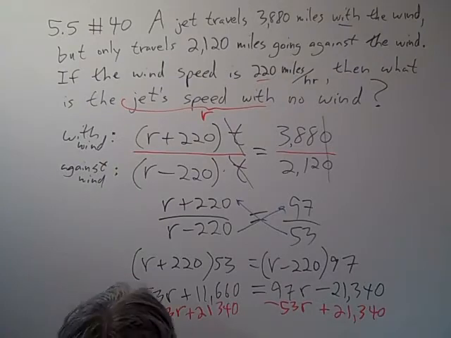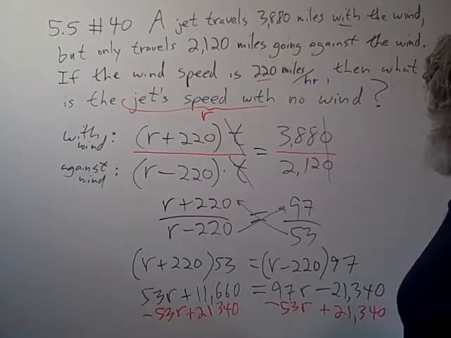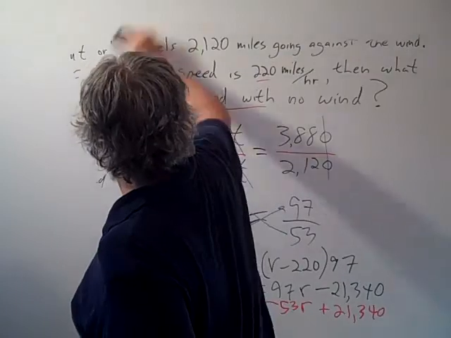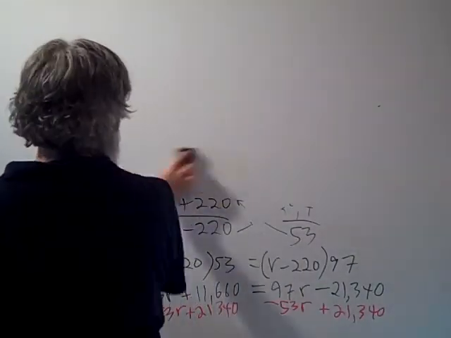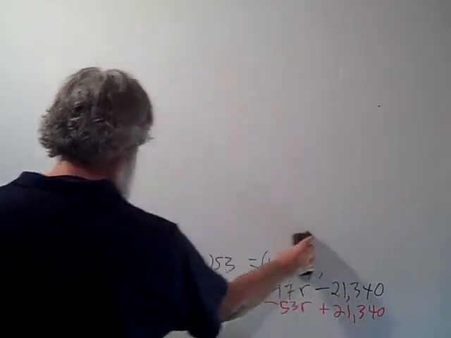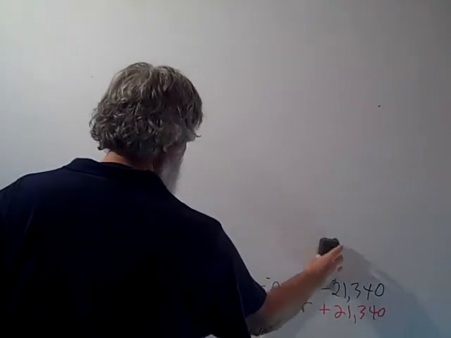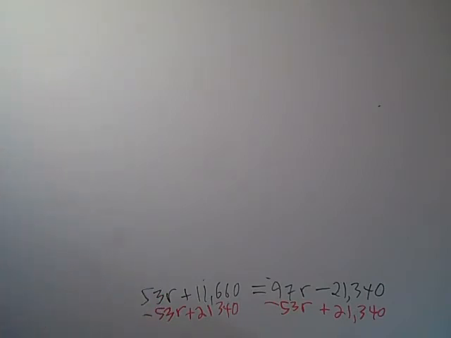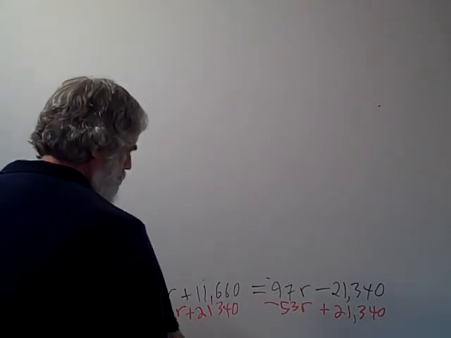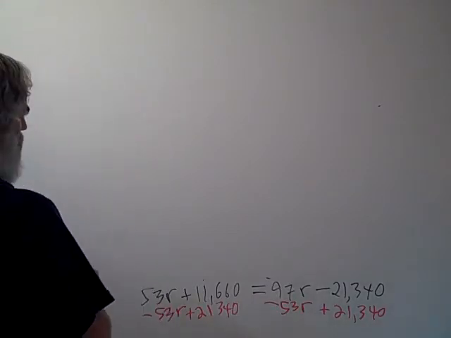And the result of all this, let me go over to the top where there's more room now. Okay, so we have 11,660 plus 21,340. That adds up to 33,000.